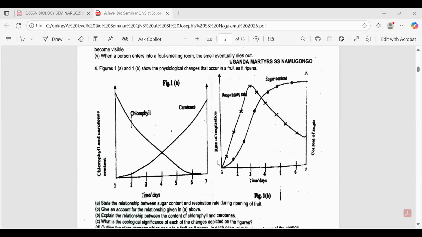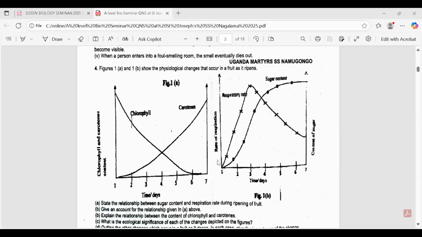Remember respiratory rate is taking place. Why? In B, because here we are having the conversion of other carbohydrates to sugars, which must be sweet. So at first, the respiratory rate increases rapidly. Why? Because there is a lot of energy needed for the ripening of the fruit.